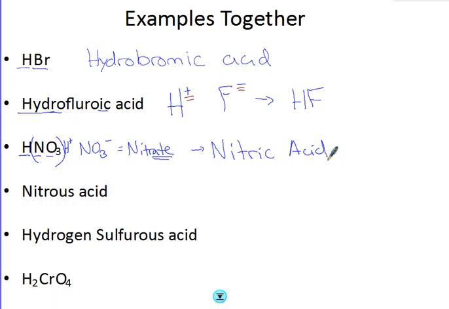Okay? The reason I put this next one, nitrous acid, is it's just a little bit different. To work backwards, if I see there's no hydro, I know it's a polyatomic, okay? And so I can look before the ous and look at NITR. Alright, so I know that's in the nitrate, nitric family there. And I know that OUS comes from ITE, alright? And so I just put those together.